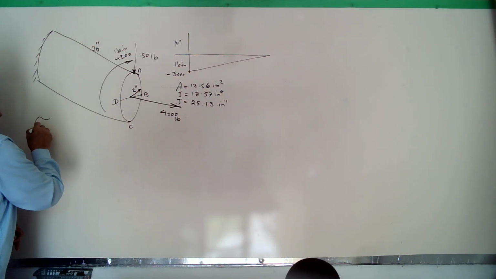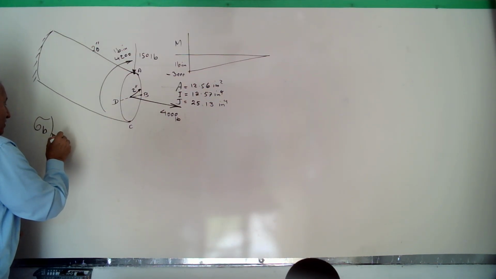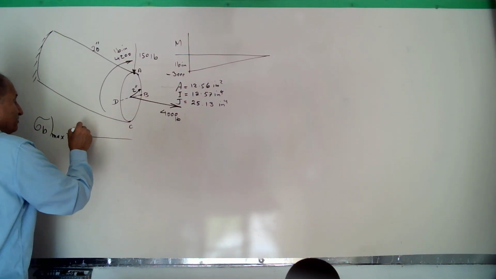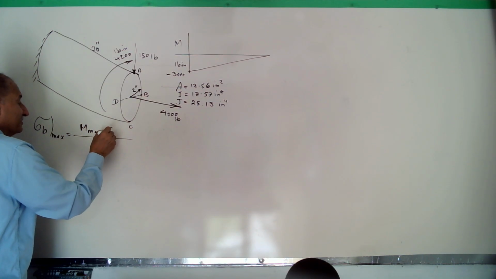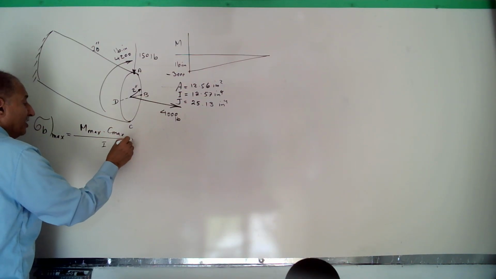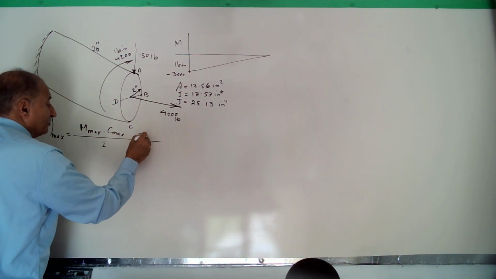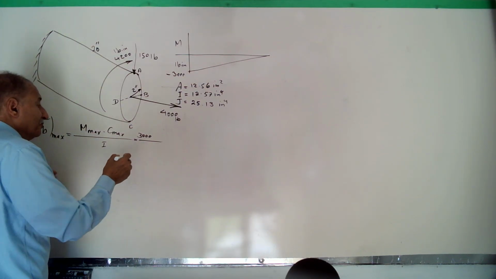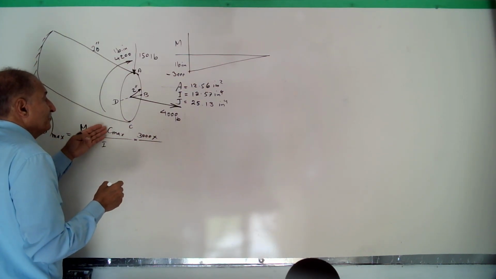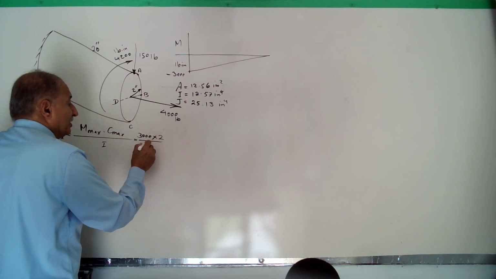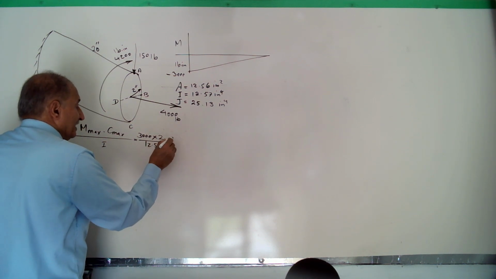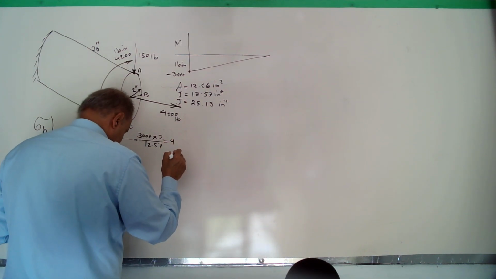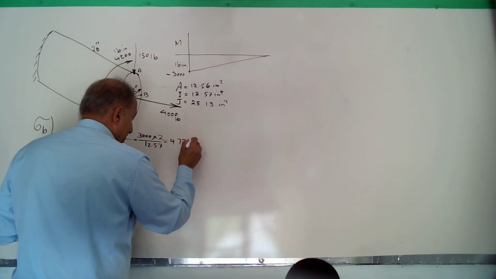Sigma bending maximum, we are looking for the maximum, is M max times c divided by I. M is 3000, it doesn't matter negative or positive; we consider the absolute value, times c, which is 2 inches, over I, which is 12.57, and is equal to 477.3 psi.